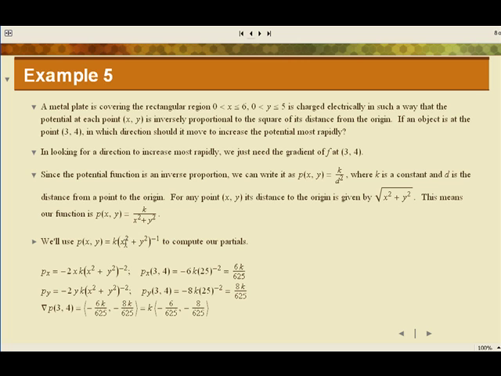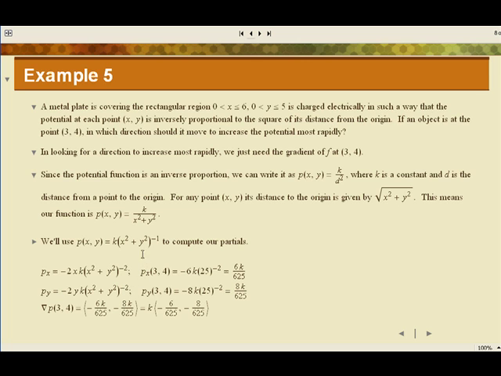The derivative inside with respect to x is 2x, and with respect to y is 2y. So the partial of P with respect to x is negative 2xk times (x squared plus y squared) to the negative 2, and the partial with respect to y is negative 2yk times (x squared plus y squared) to the negative 2.